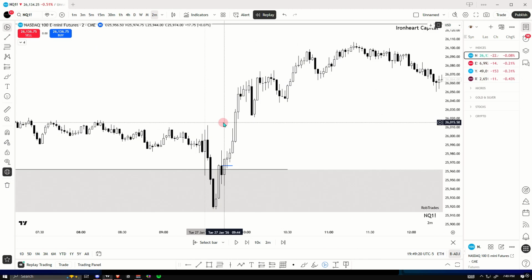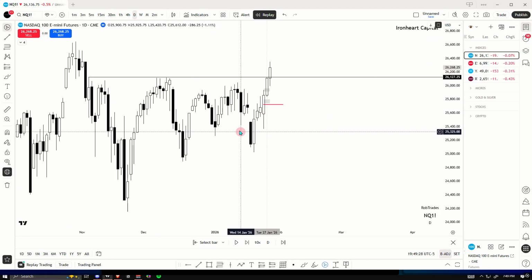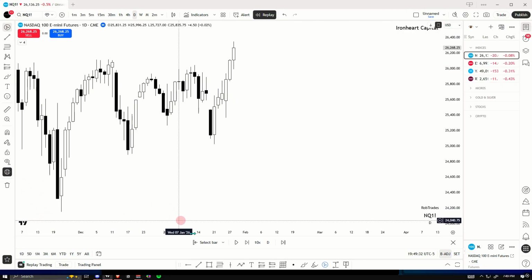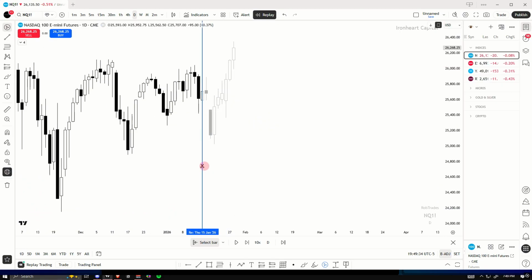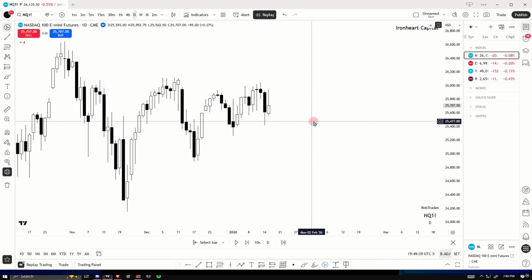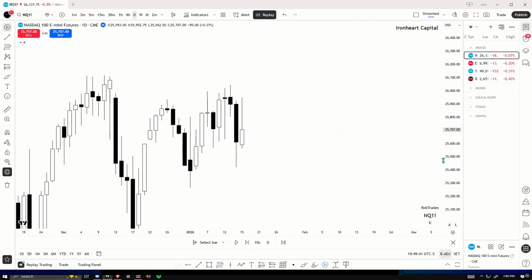Now for the bad examples, this is a failure to break through. This is from January. If we go to January 15th, we go back right here. Notice what we're in.